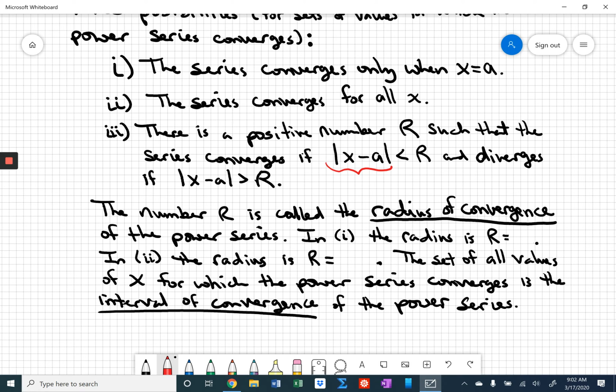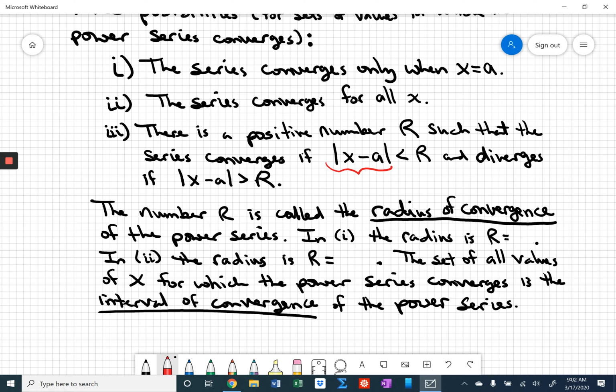In part one, where the series only converges at x equals a, the radius is going to equal, I left this blank for a moment because I wanted you to think about it. You should probably try to fill that in on your own, see what would make sense, what would be the radius if the series only converges at its center.